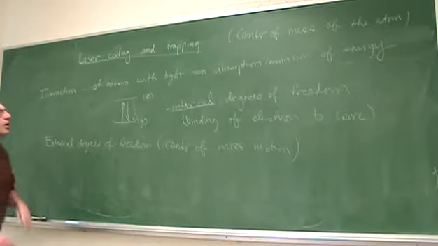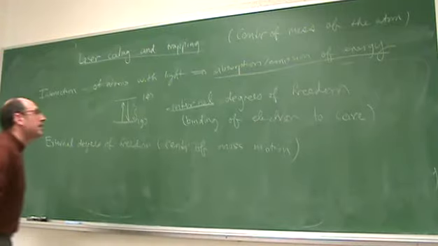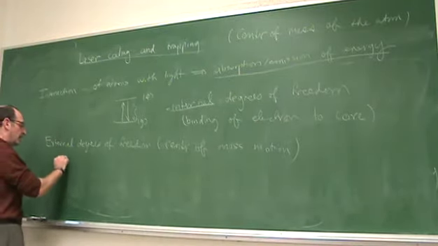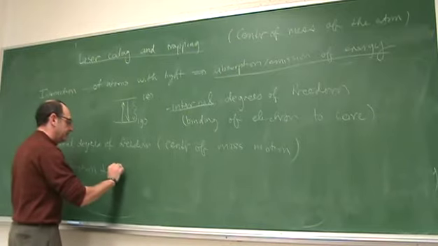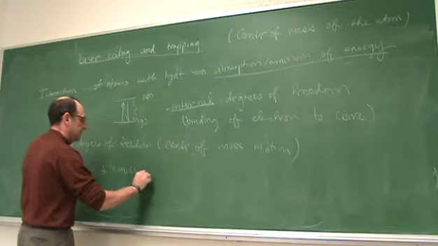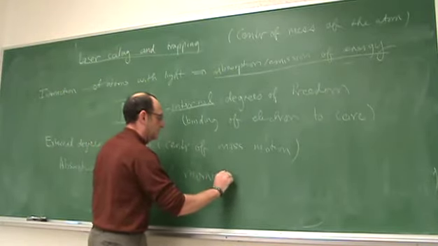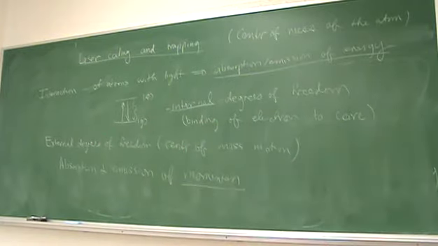So, in order to do that, we want to think not just about energy, we want to think about absorption and emission of momentum acting on the center of mass of the atom.